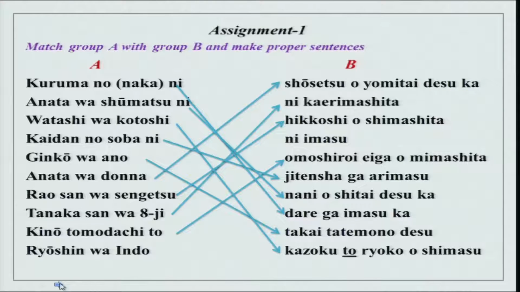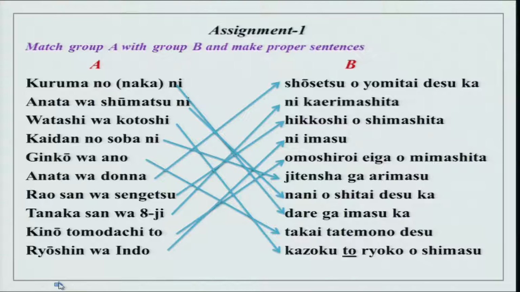Kino tomodachi to issho ni, again you can leave it or you can use it, omoshiroi eiga o mimashita. Then we have ryoshin wa Indo ni imasu.